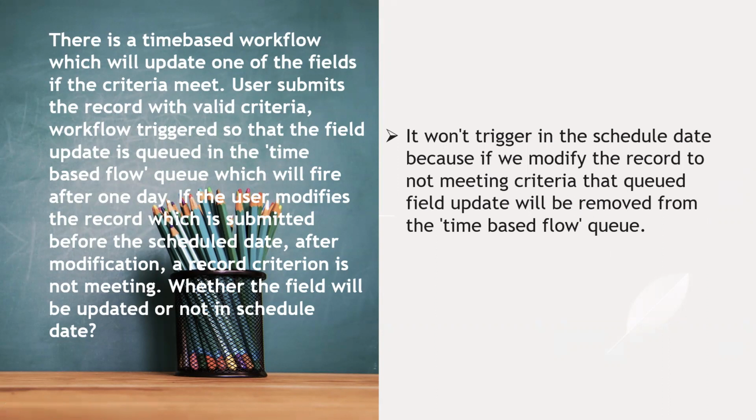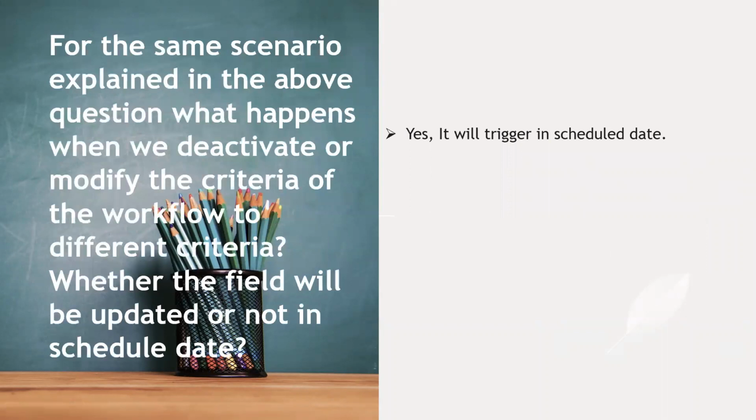Coming to the second question, the same question from a different scenario. For the same scenario explained above, the question is: what happens when we deactivate the workflow rule or modify its criteria to a different criteria, and whether the field should be updated or not on the scheduled date?